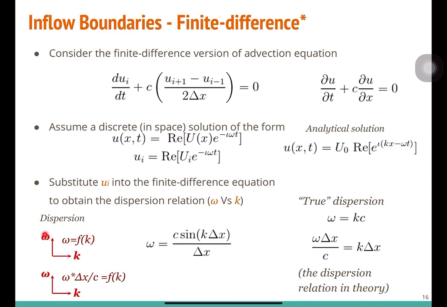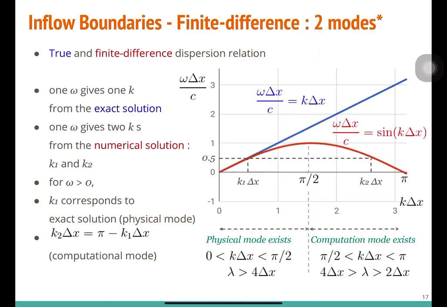Usually when we talk about dispersion, the frequency is expressed as a function of k. But now we are changing this, including delta x and c on the left side. It's just some small mathematical maneuvering. This is still a dispersion relation.